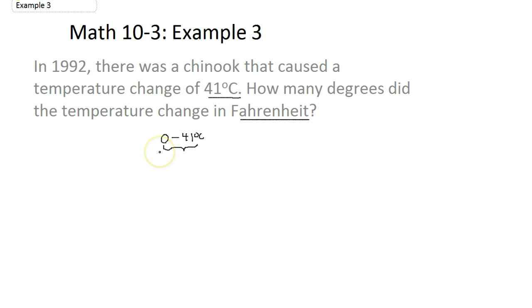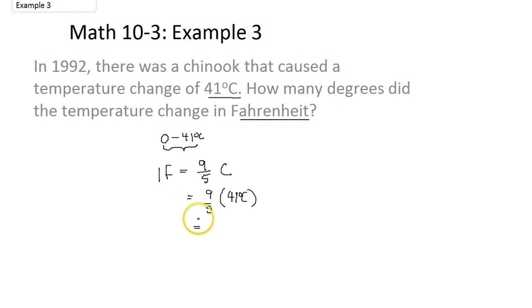So in this case, we can take 1 degree Fahrenheit, and we know that each degree Celsius is larger, so to get the degree Fahrenheit, we take 9 divided by 5 times C. So we take 9 divided by 5, multiplied by 41 degrees Celsius.